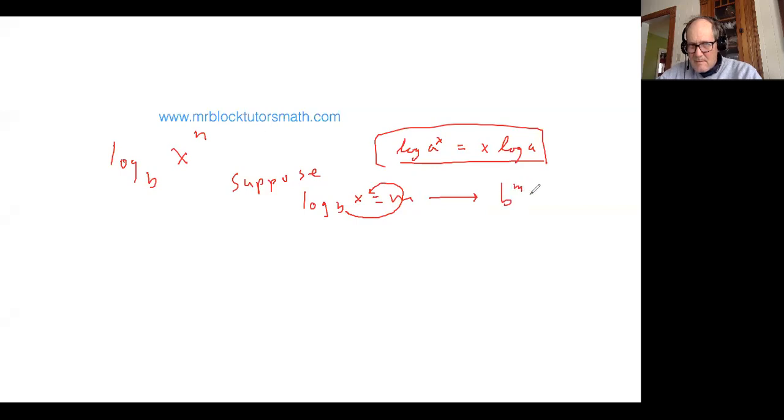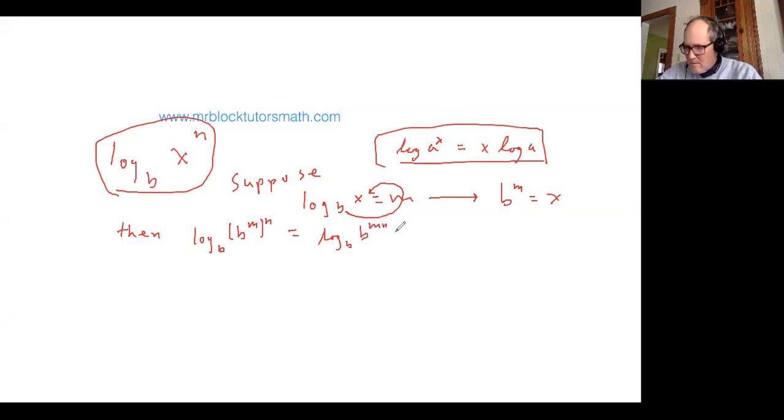Then if I go back and replace x, I'll have log base b of b to the m, and all of that to the n power, which is the same thing as log base b of b to the mn, which is mn.